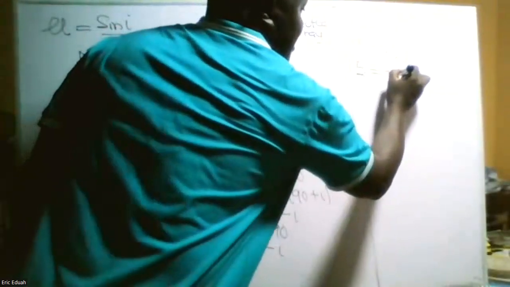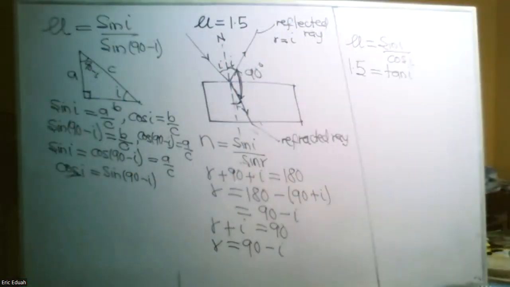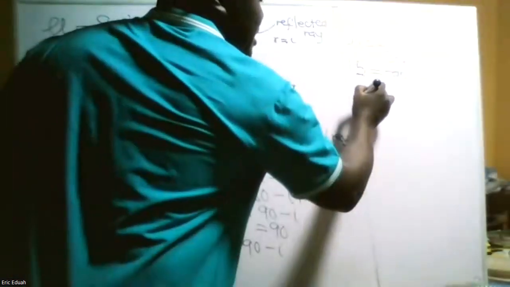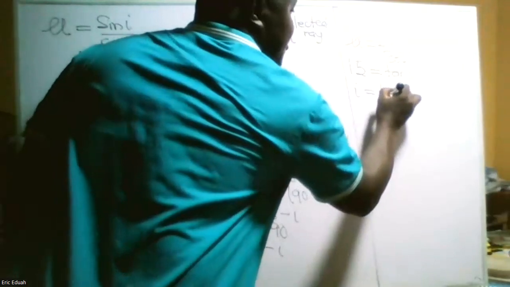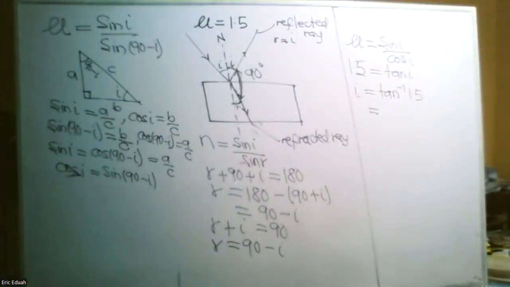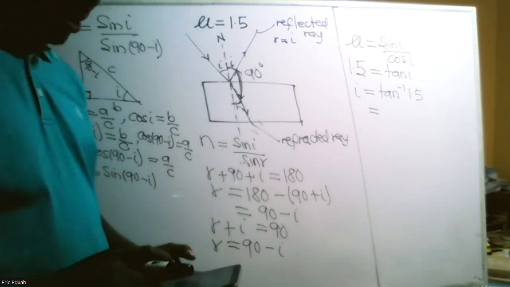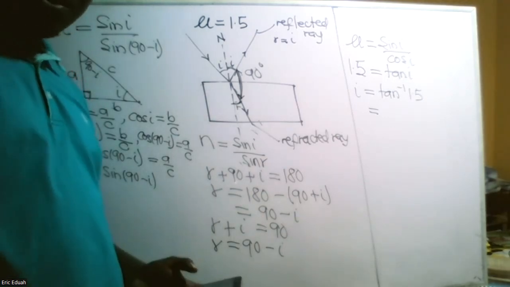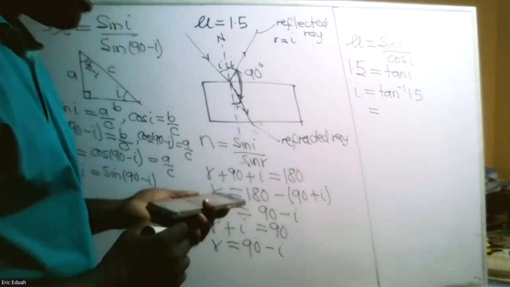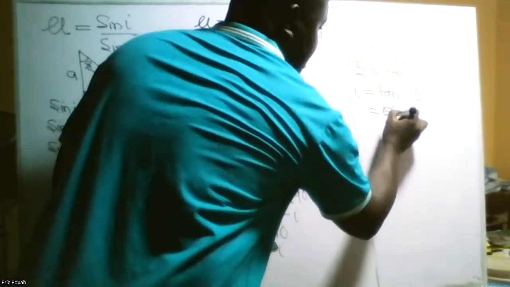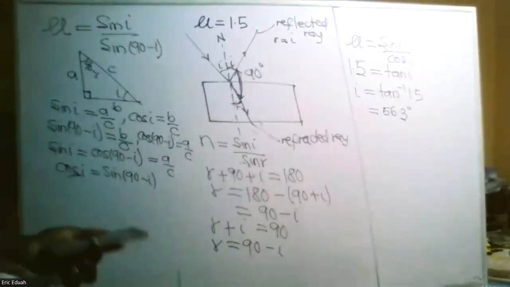So this is tan of I. If I am to determine I, it will be equal to the tan inverse of 1.5, which is 56.3 degrees. And that's the value of I.